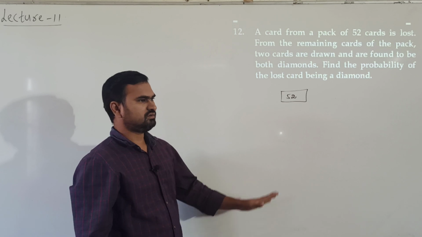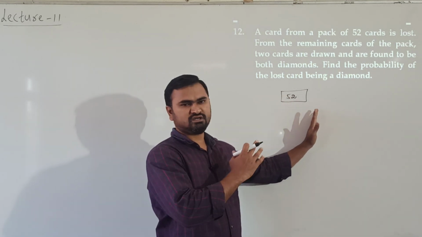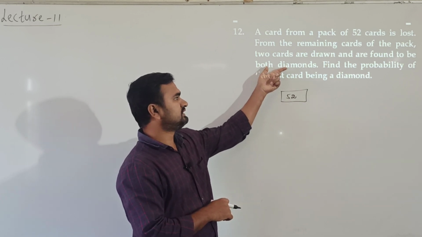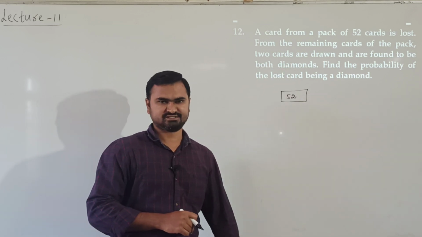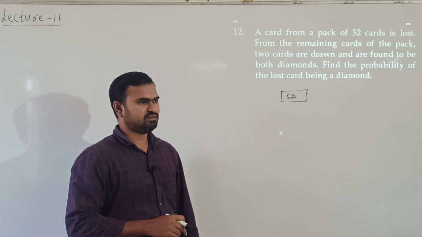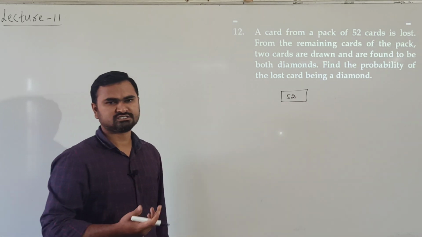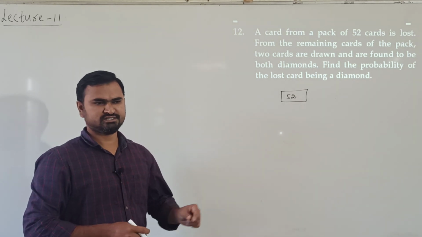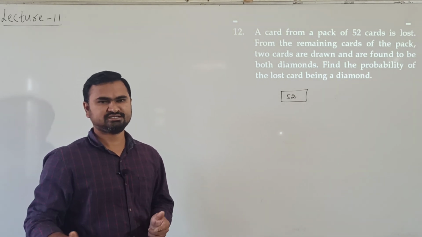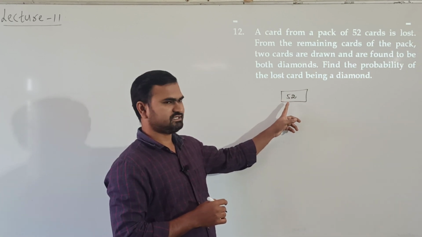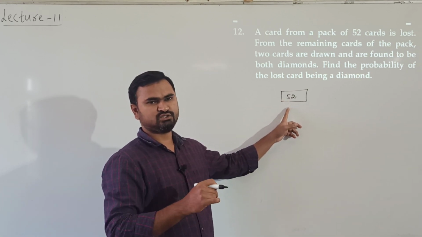Now find the probability of the last card being a diamond. So there is importance to that last card. Now what can that last card be? The last card is nothing but selecting one card and throwing it away and saying that we lost the card, right? So here what we are interested in is selecting one card and throwing it away.